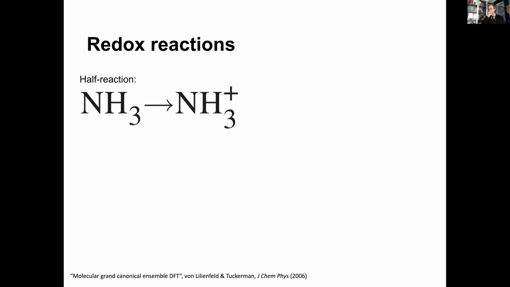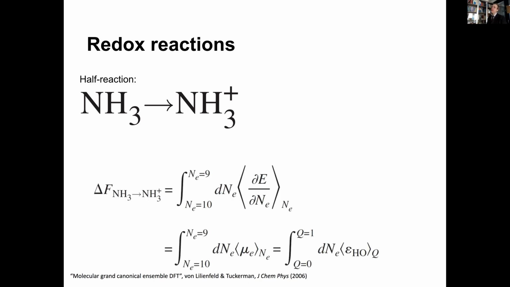Here's an example where I demonstrated this, a numerical demonstration in the molecular grand-canonical ensemble paper, which we discussed earlier. We looked at the redox half reaction of removing an electron from ammonia. What does this mean? We reduce the number of electrons. If we integrate over this, we should get that free energy difference.